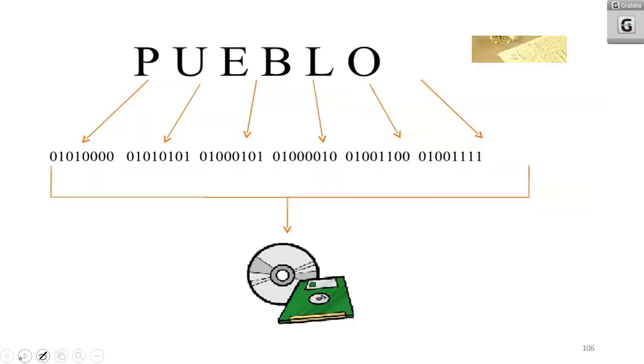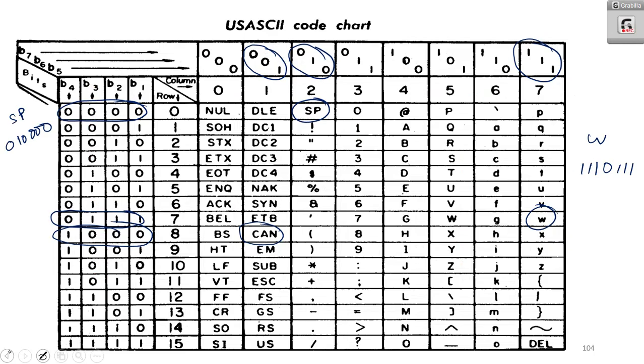Now, if you need to write PUBLO in ASCII code, how do you write? First you write P. What is the ASCII code of capital P?